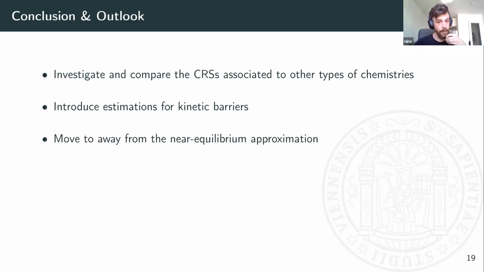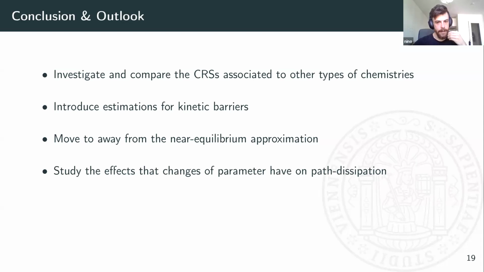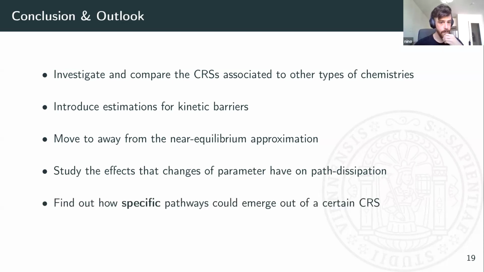And in general also move away from this whole near-equilibrium approximation. And then also look at what effects the change of parameters has on this path dissipation. So not just changing the concentration, but also what might change because some of the reactions might be sensitive to pH change, which might change the reaction rates, and this will definitely also change this dissipation value.